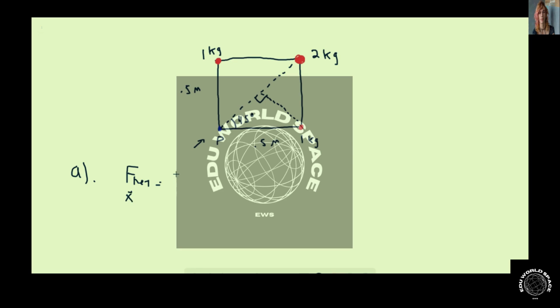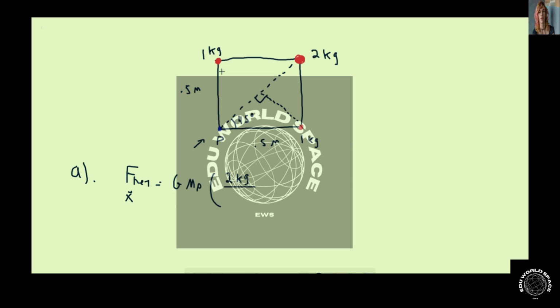And so we have the gravitational constant, times mass p. Now let's start with the 2 kilogram mass. That's pulling along this line, which we've called the positive x direction. We have its mass of 2 kilograms, and now we need to divide by the distance squared.